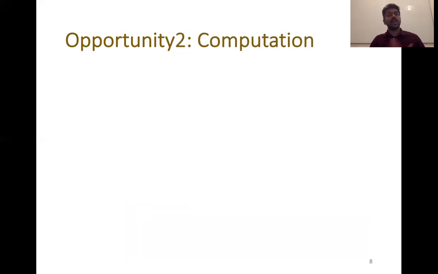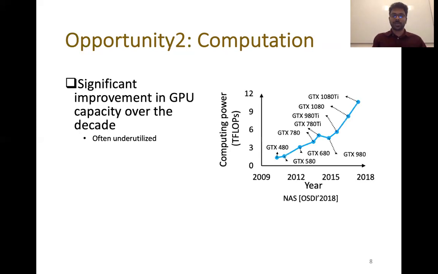But we also have another opportunity in terms of computing power. Over the decade, we have seen a tremendous increase in computing power. For example, the figure on the right side shows that since 2009, we have seen tremendous growth in terms of teraflops in GPU computing capacity.